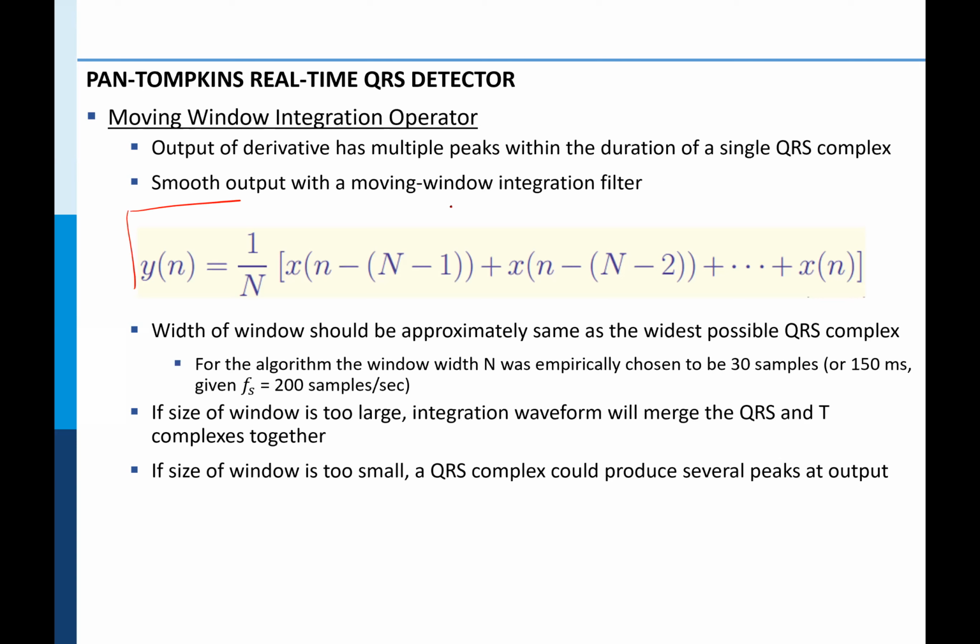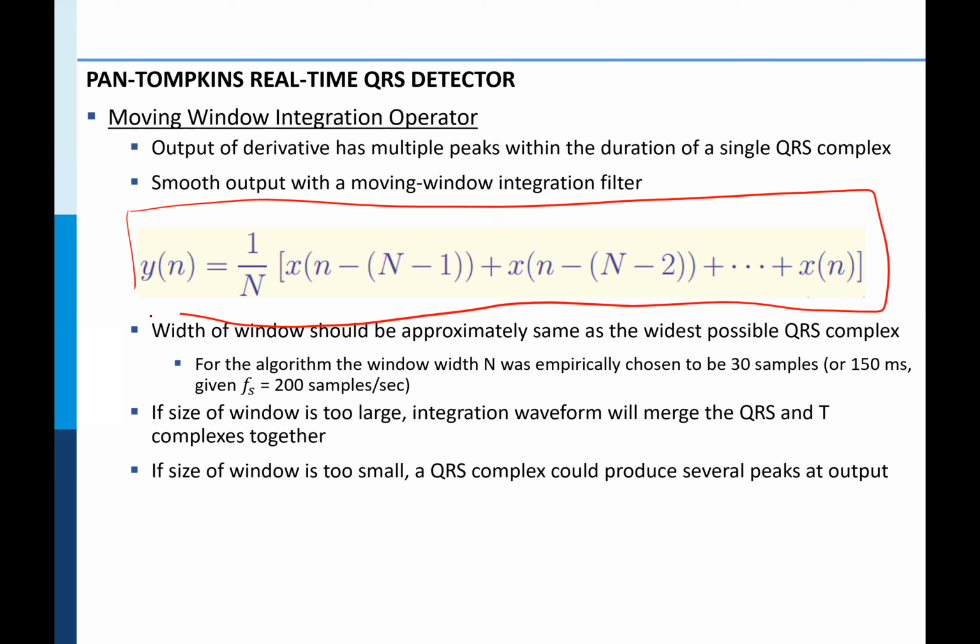We have seen this before, and why we need this moving average after a squaring operation is that the moving average does a low pass filtering, essentially to ensure any small wiggles that might still remain as part of the T wave or the P wave, or even high frequency noise, are removed.